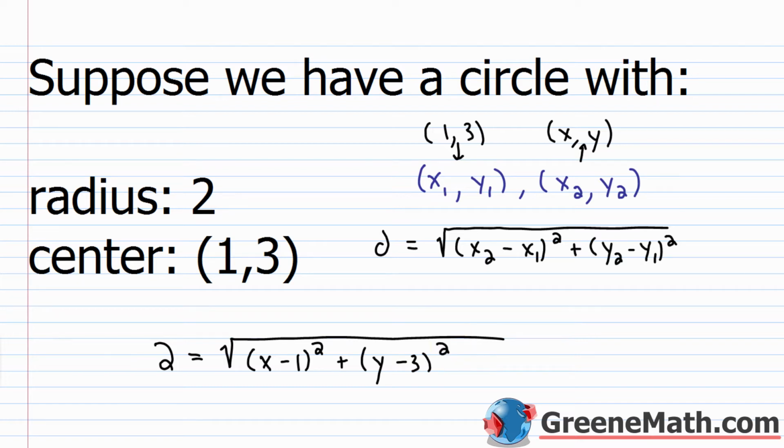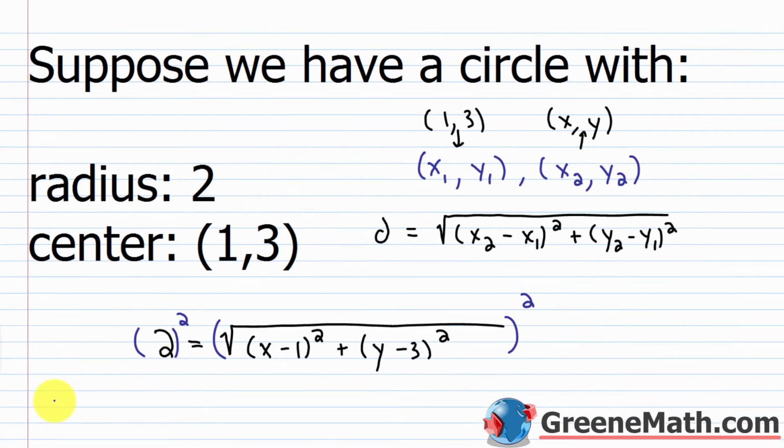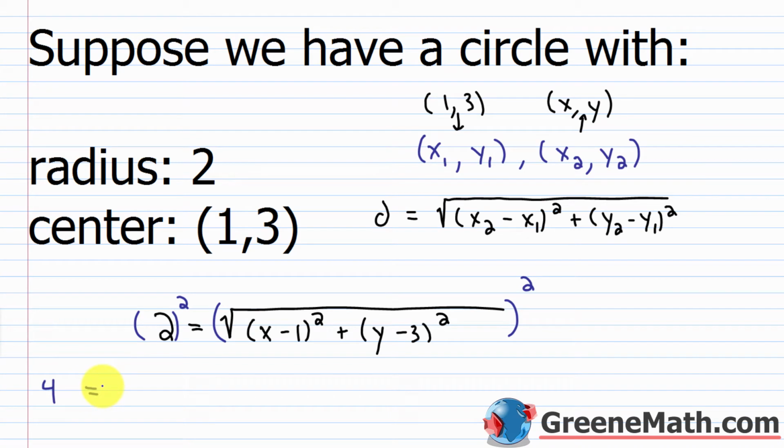We need one additional step, which is to square both sides. 2 squared is 4, and the square root cancels with the square, leaving what is underneath the square root symbol: the quantity x minus 1 squared plus the quantity y minus 3 squared.